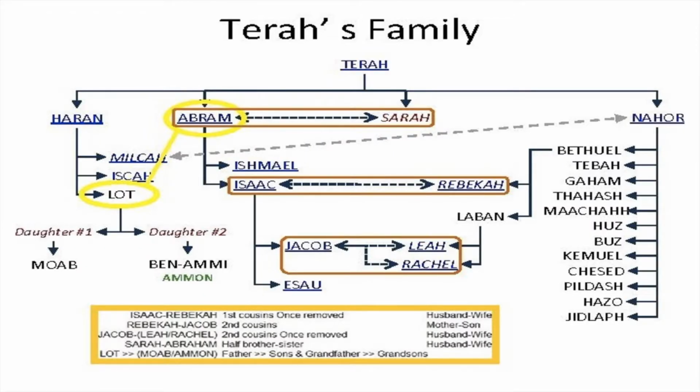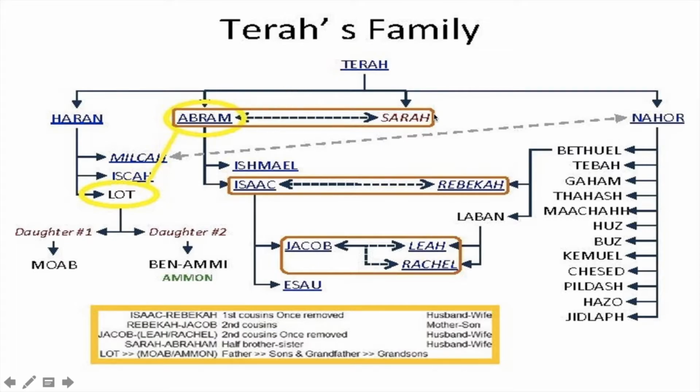So here's just a visualization of this. Isaac marries Rebekah, first cousins once removed, and Rebekah and Jacob are second cousins. Jacob, Leah, and Rachel are second cousins once removed. And Abraham and Sarah, by the way, are half brother and half sister. So you basically do see a very homogeneous type of mixing among the descendants of Terah.